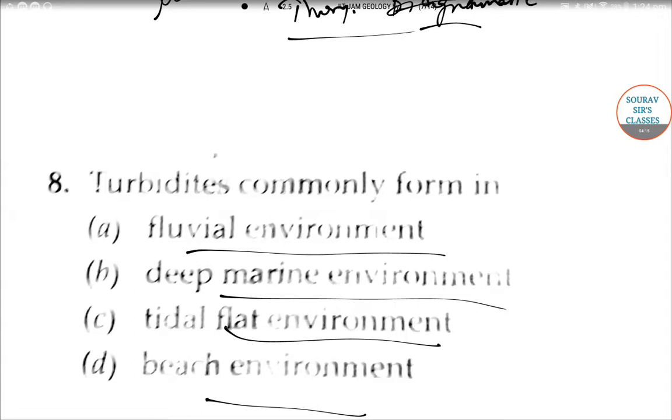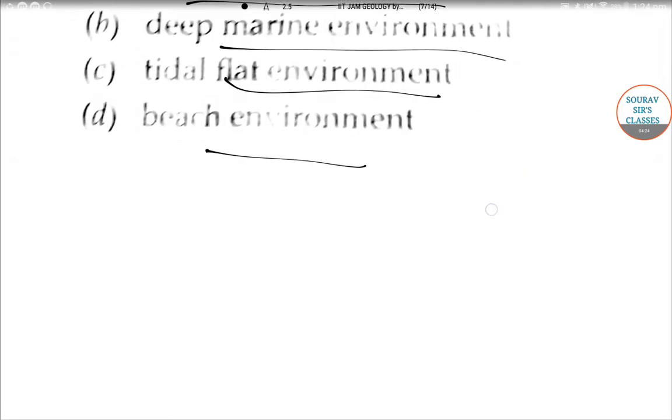First of all, let's discuss what turbidites are. I'll be writing a note, and you have to note it down very carefully. Be very sure that you are writing the correct things which I am writing over here.